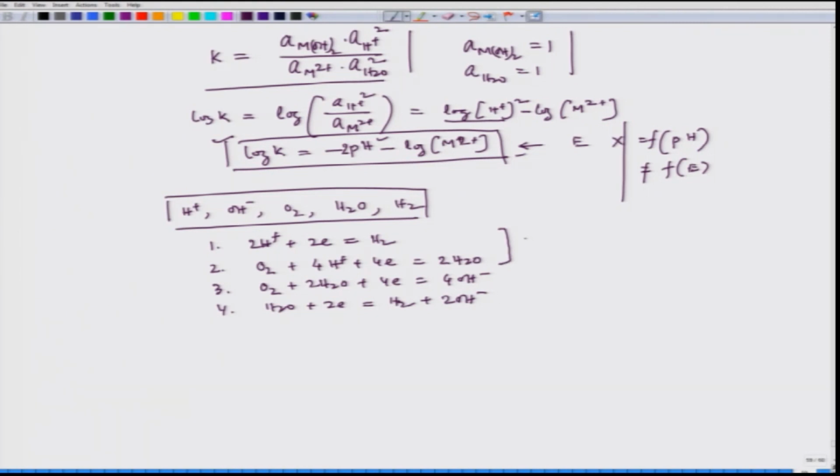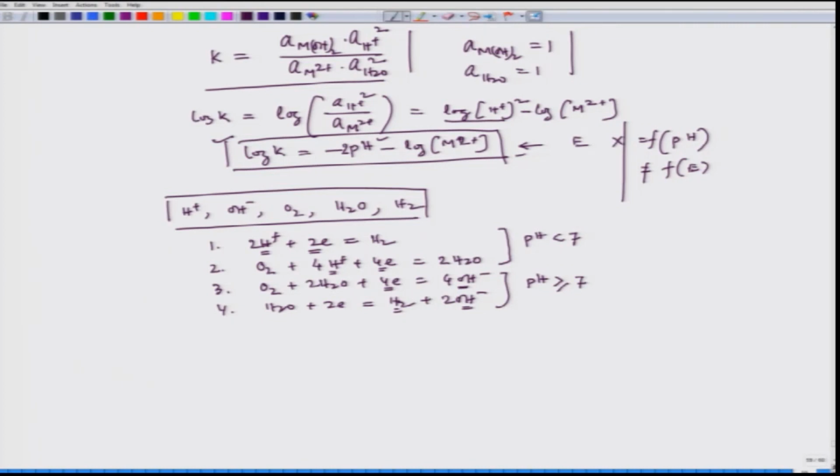Now, you see all 4 reactions we have already discussed before. The first 2 reactions are possible at pH less than 7, that means acidic medium, and the other 2 reactions are possible when pH is greater than or equal to 7, neutral or basic medium. Now, in all 4 reactions you see that electrons are involved, and we have H plus ion presence in 2 cases and OH minus ion presence in the other 2.